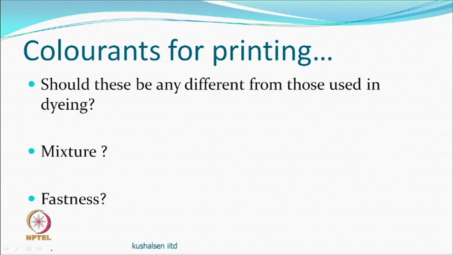Now, this same type of colors, I am not talking about pigments at the moment, can be used for printing. How should they be different? One, many colors are being used in the same system, that of course. Mixtures are being used, yes. The fastness of the dyes in general has to be on the higher side, particularly the wash fastness.